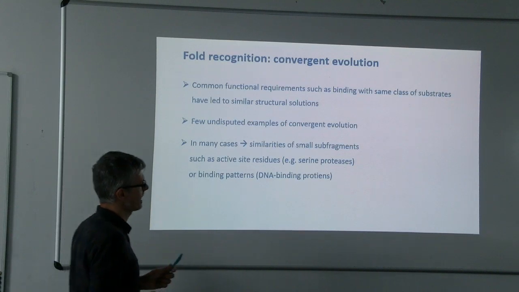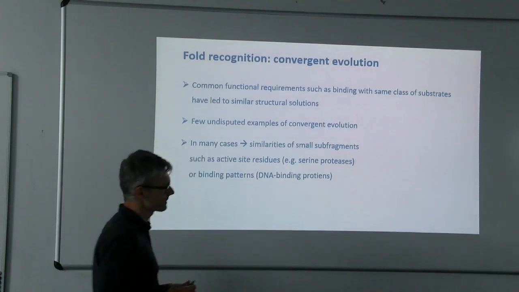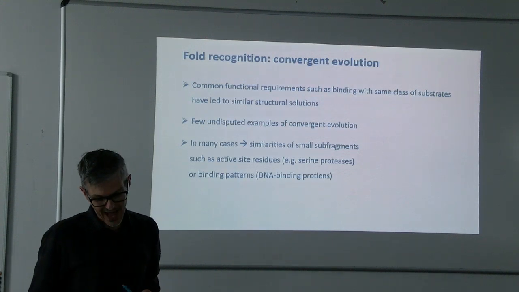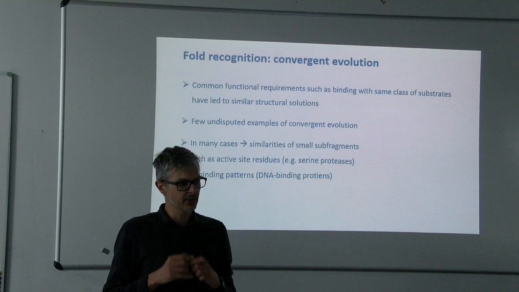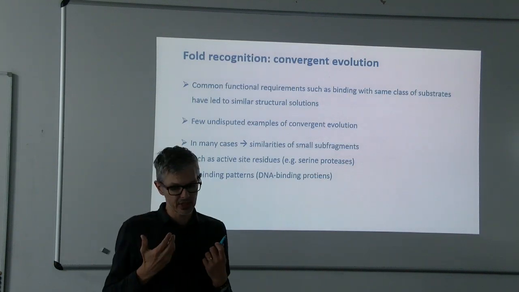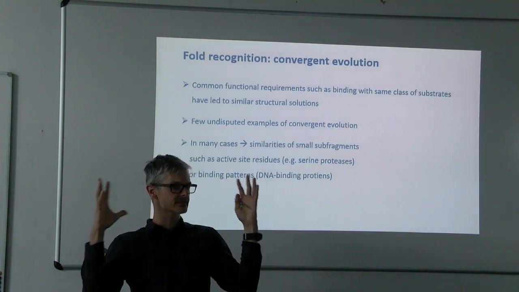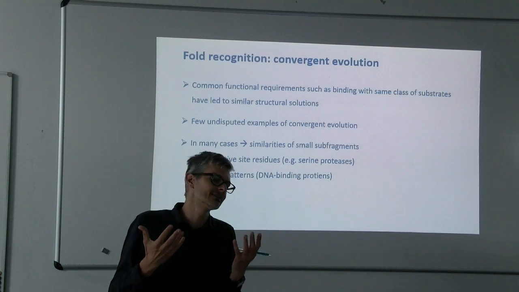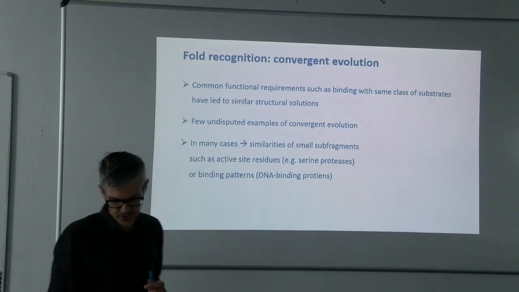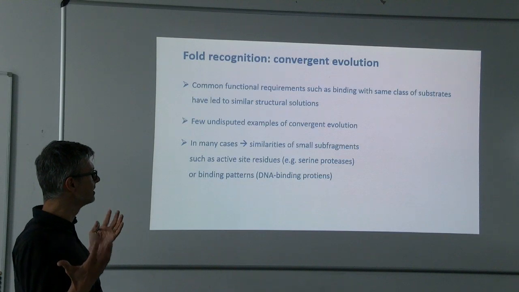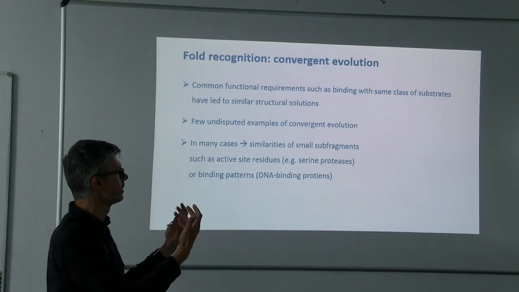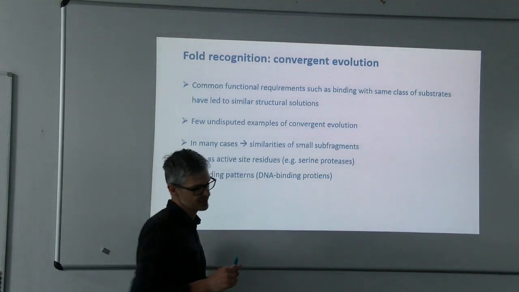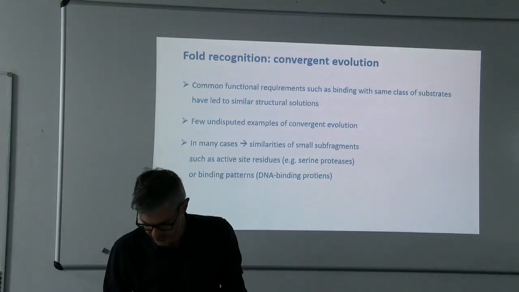One very well-known example is serine proteases, where you just need the active site to be available with only a few residues that need to be conserved, but the rest of the molecule might be a bit different. So you start from 2 different proteins, but you come to the same structural solution to have, for example, a protease function. This is convergent evolution.